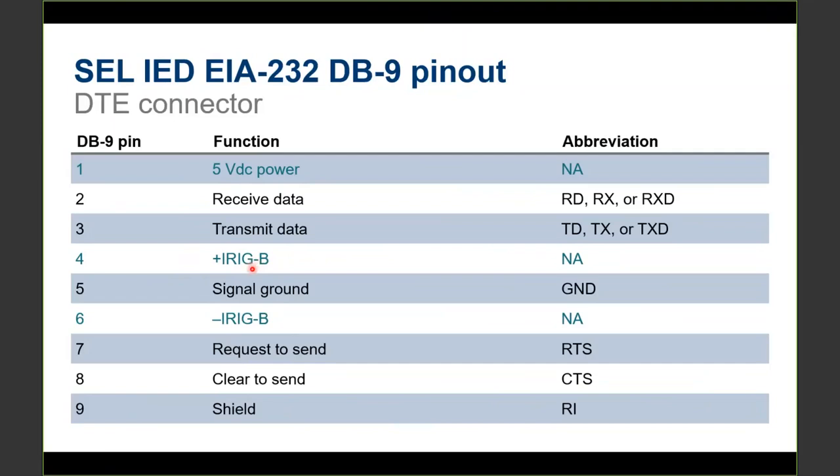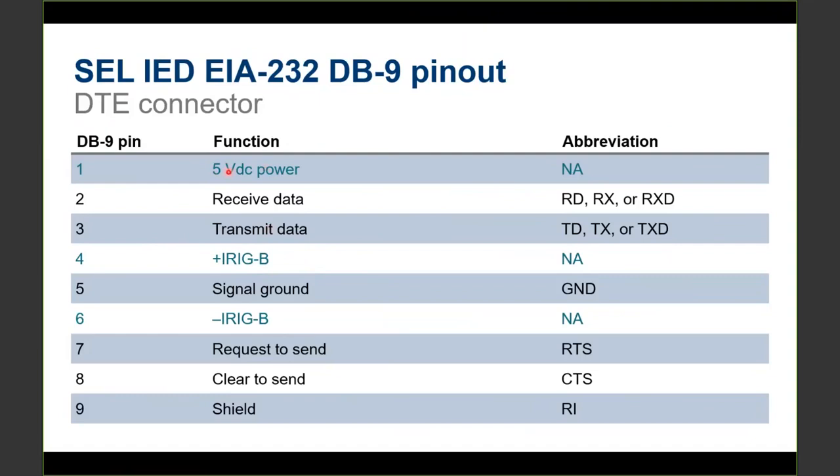So you can provide a demodulated IRIG input into that device for time synchronization purposes, all using that same serial cable. We're just making use of some of the pins that are not used because we're typically not going to be using those pins 4 and 6 for their original purpose. We take those over for IRIG-B plus and minus.